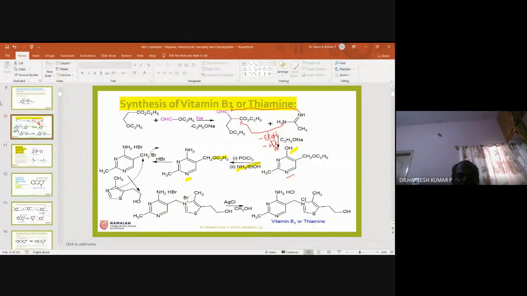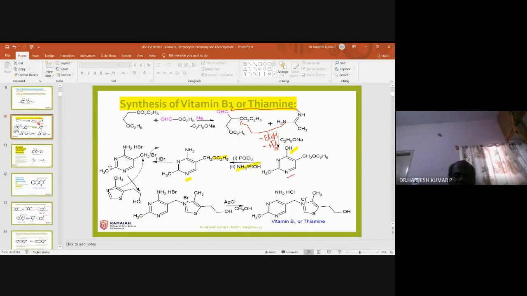So once there is a bromide formation, this was treated with a compound called thiazole. This is a thiazole derivative. The lone pair present on the nitrogen will form a bond with this carbon, or more particularly, this group is a benzylic carbon.